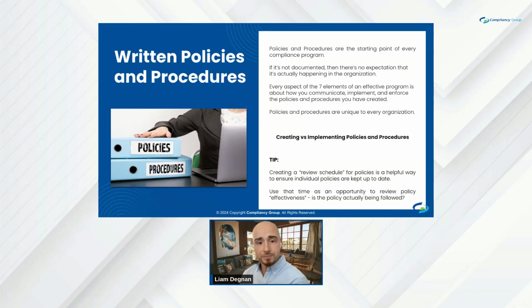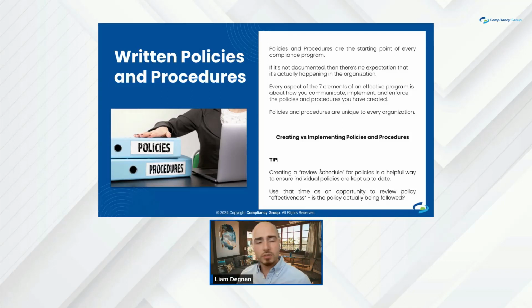And then when you do the review of the policy content, also take that time to look into some of your departments and determine if the policy is actually being followed, right? Are the procedures and the operational workflows that you are laying out inside of those policies and procedures being adopted by the departments that it applies to? Okay.